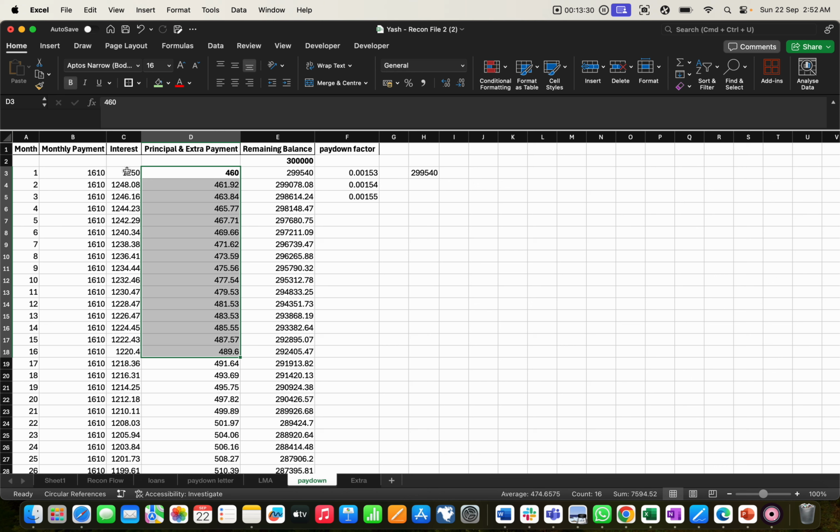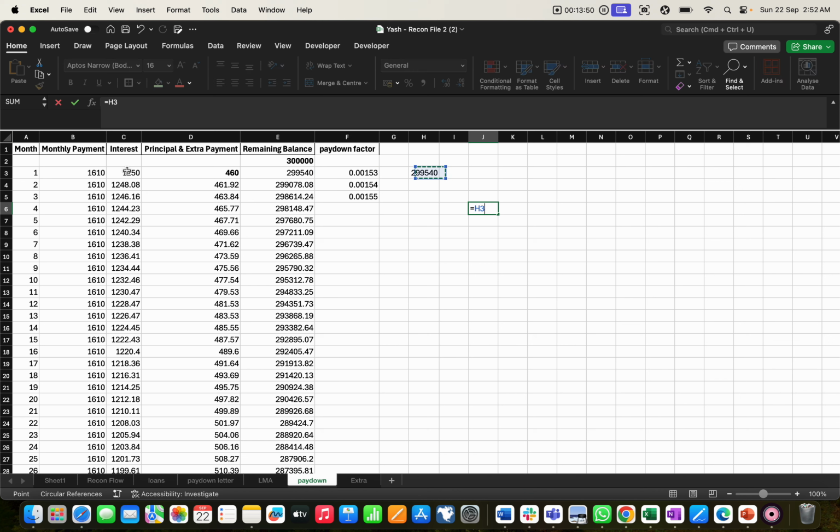So there are two things I want to explain on this part. One more part we have is the pay down factor. So how is it calculated? It is calculated on the basis of the amount the borrower has paid to the bank.